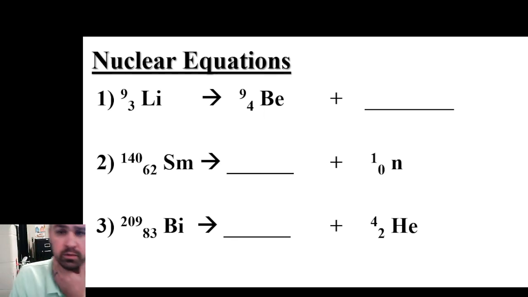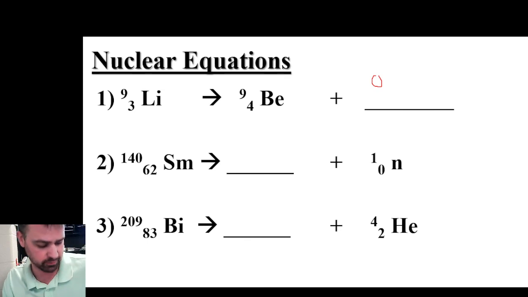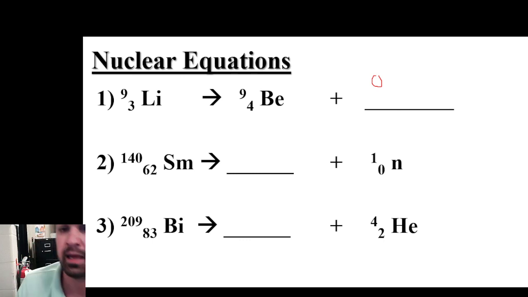Okay, so we start with lithium 9, and if we balance the top numbers first, so 9 minus 9, well, that's going to be 0. That means our mass does not change. We should think back to our notes. Which type of decay has 0 change in the mass? And if I go from 3 to 4, well, the only thing that I can do here to get this number to be correct is a minus 1. 4 minus 1 gives me 3.